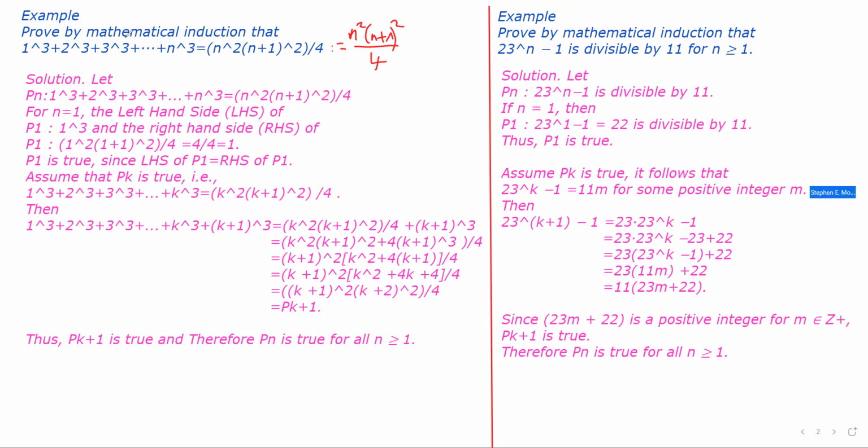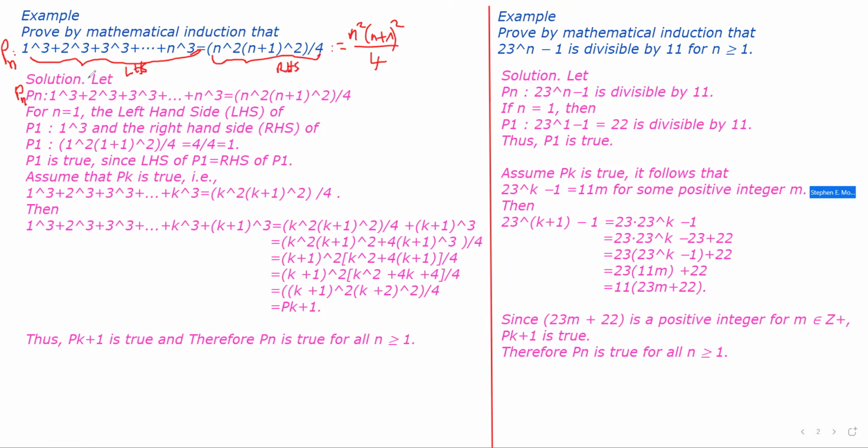So if you take the sum of the cubes of all the integers, you should get n squared, n plus 1 squared over 4. How do you show this again? So we say that P of n, our statement, is given by the left-hand side equal to the right-hand side. This is what we call our Pn statement.